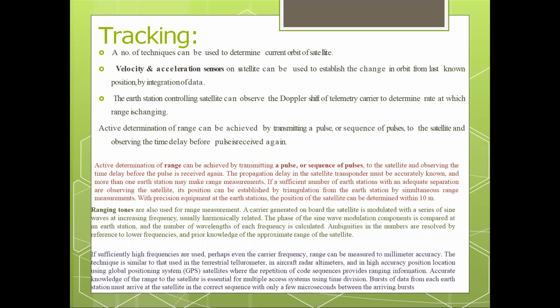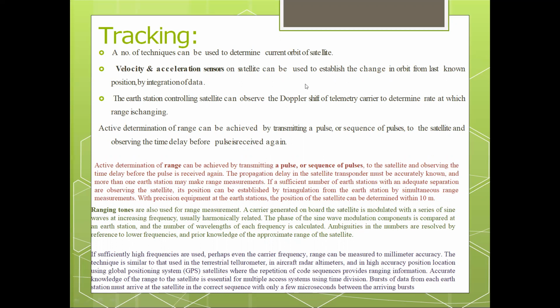Generally, we have various individual techniques in the satellite subsystem, including how to track the satellite from the ground earth station.